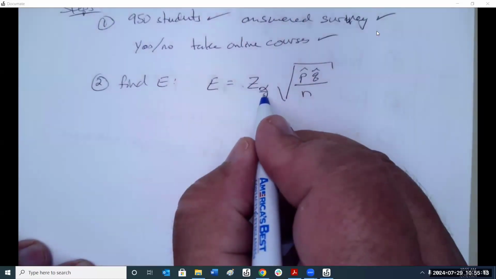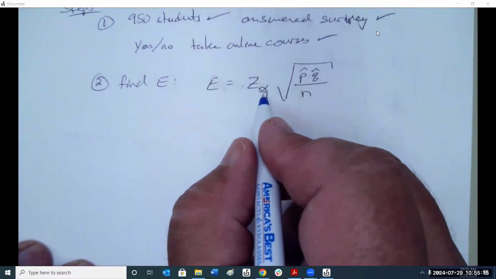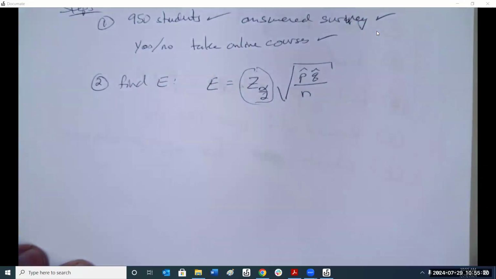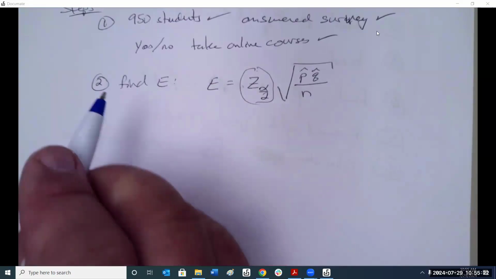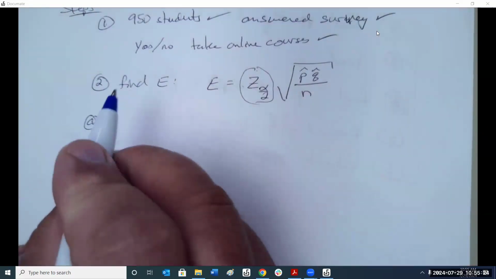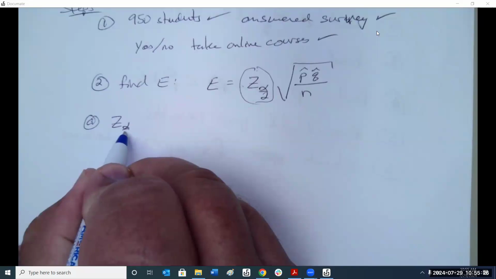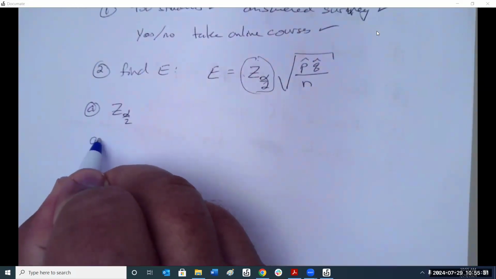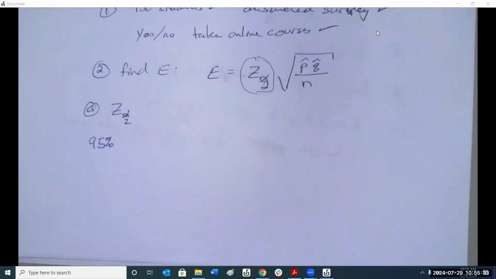Okay, so what do we need? We have to first find the critical value. So it's 95%.